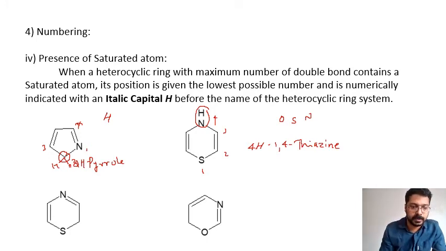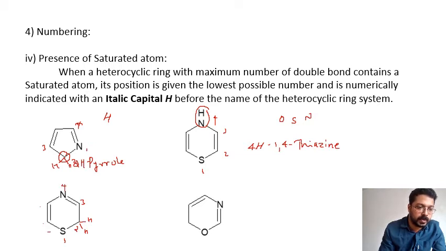If you take the next example, you can see here the indicated hydrogen is over here. So the first number will obviously be for sulfur. But you can't go 2, 3, 4 like this, because you have to go 2 here, because there is an indicated hydrogen, 2, 3, 4.